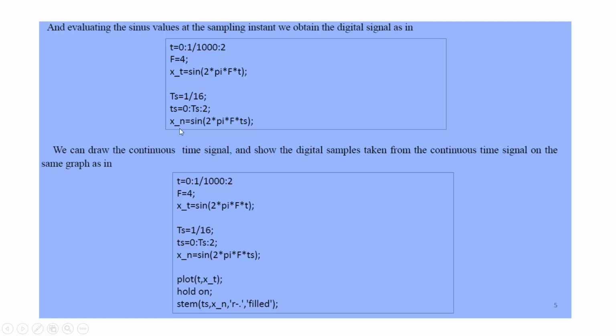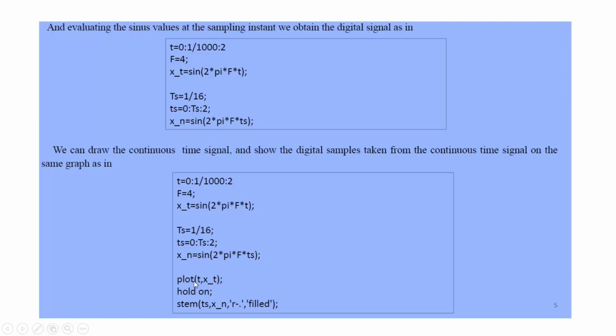In the continuous time signal it will come t here, and in the discrete signal, because we need to show the sampled version of the signal with this sampling period, Ts will come instead of t. So up till here, now we need to plot these two signals.